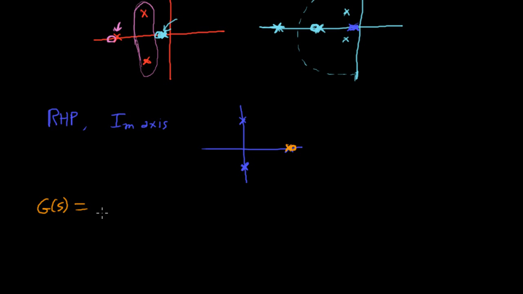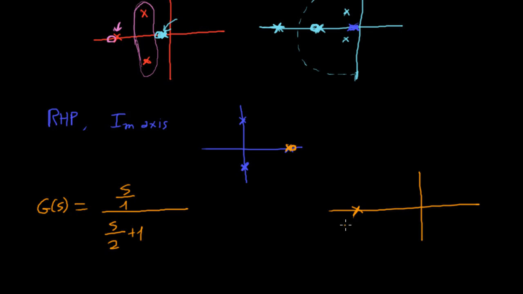Here is an example. If G of s is equal to s over 1, well, let's begin with the poles. We have a stable pole, s over 2 plus 1, this is at minus 2, and also there's another pole in s over 1 minus 1, which means that we have a pole here at 1, which is an unstable pole, a right half plane pole.